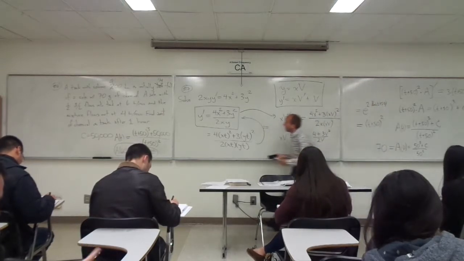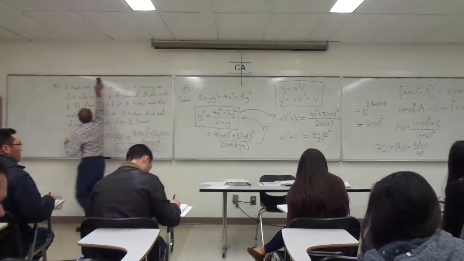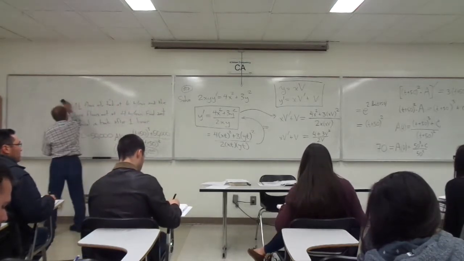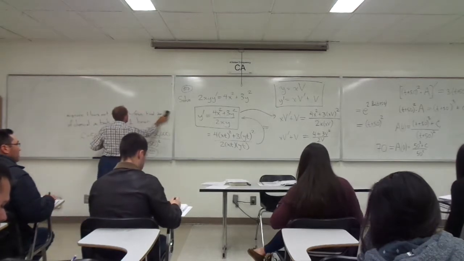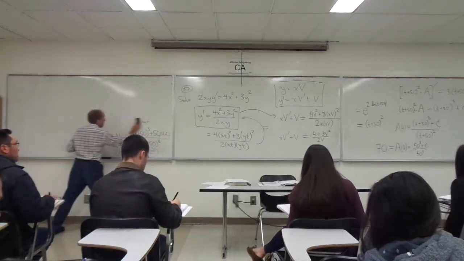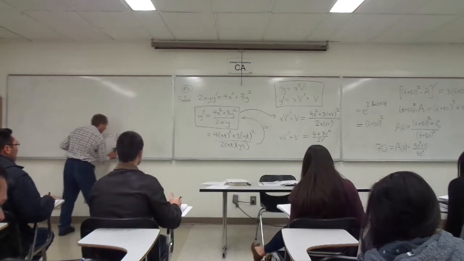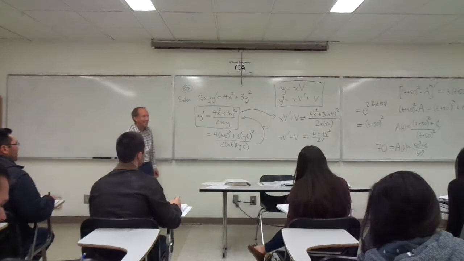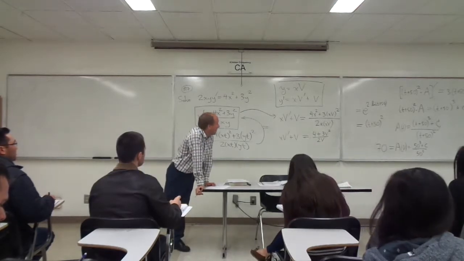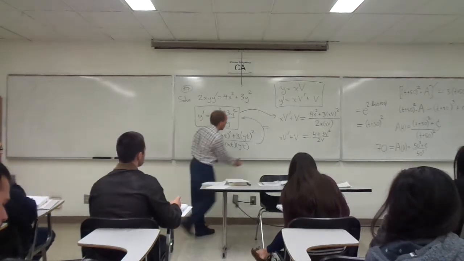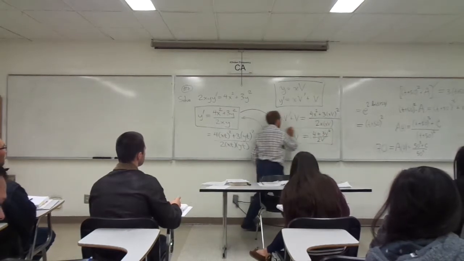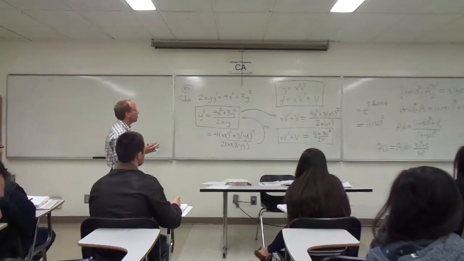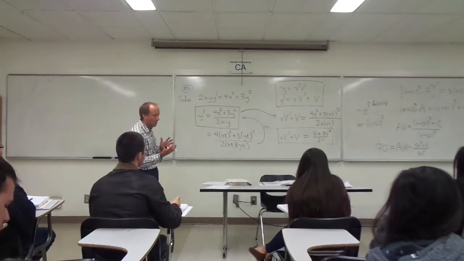Let me actually come back over here and use this side. What can I do with that? Did we simplify? It's supposed to always become what again? Separable. So I should be able to get all the v's on one side and all of the x's on the other side.